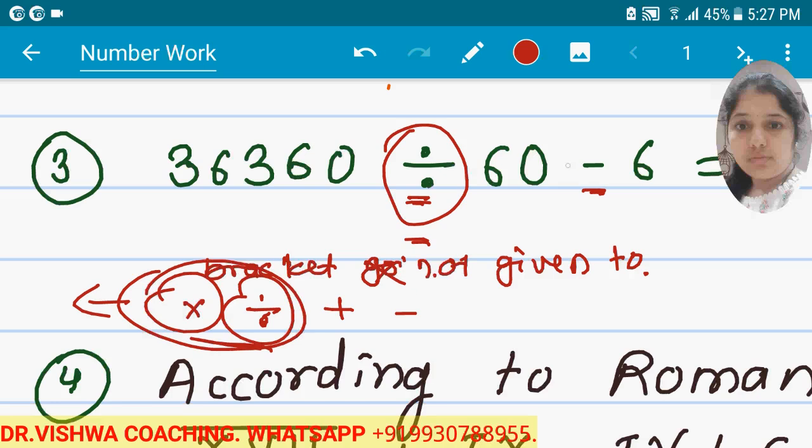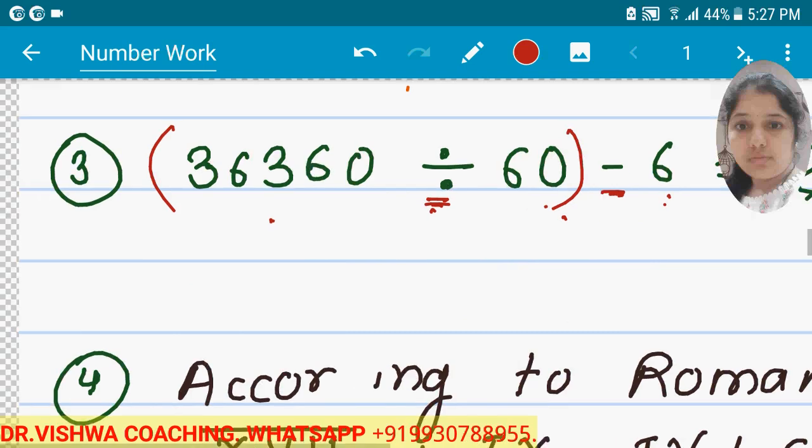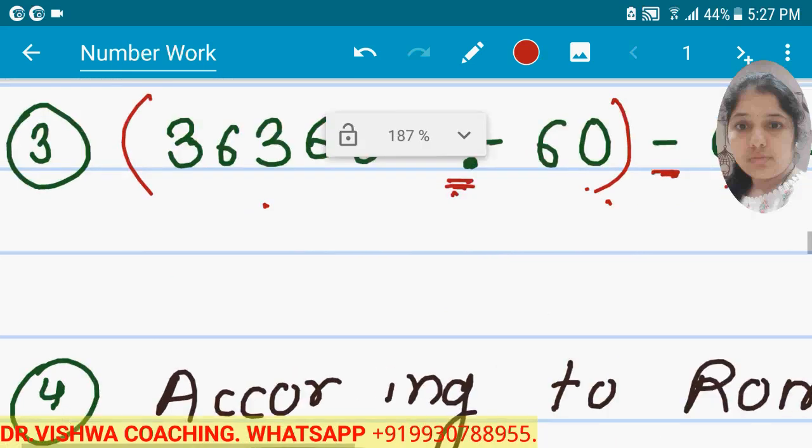If you choose subtraction first, then your answer will be wrong. You may think, I solved it correctly, so how did mine go wrong? Because you chose the wrong method. So we have to first divide this, and whatever answer we get, we subtract 6 from that answer. Now we will do the division. Now what is given?